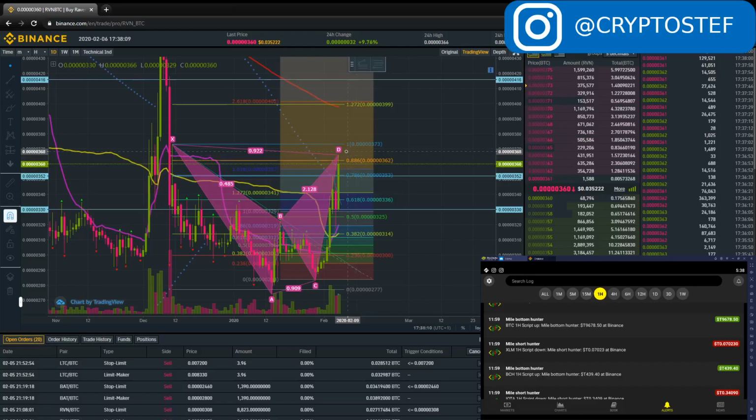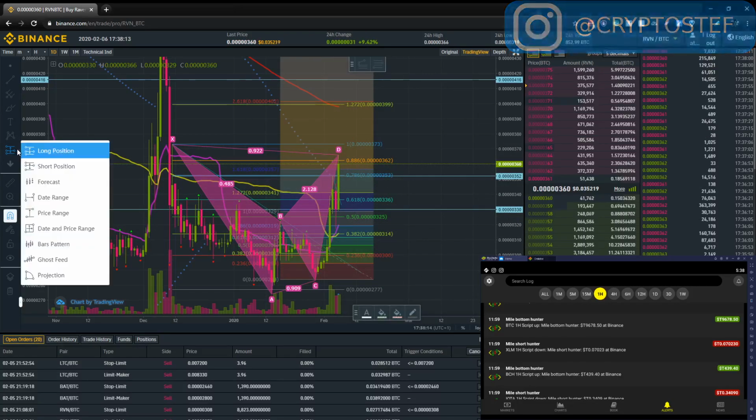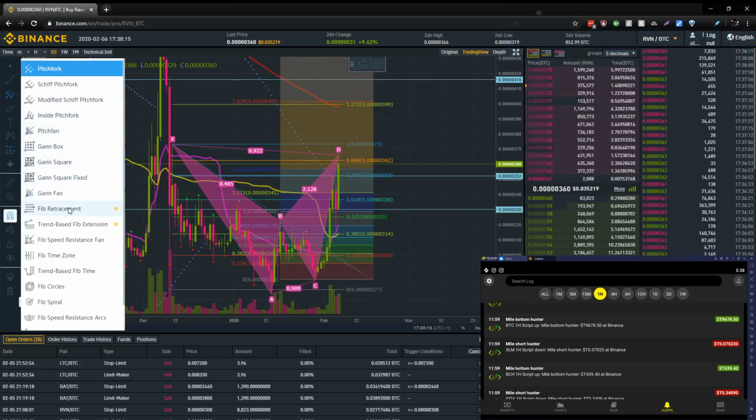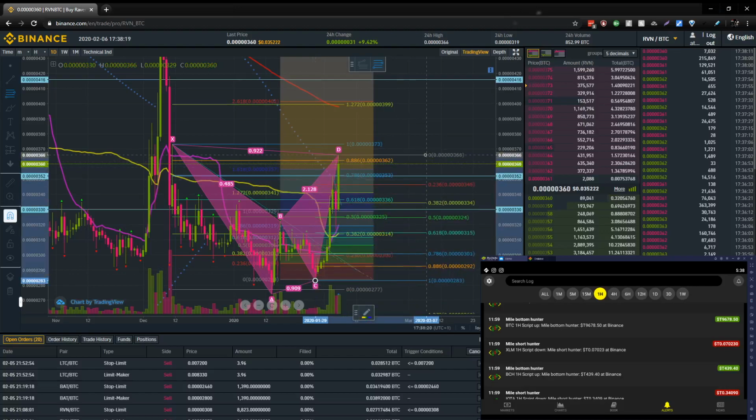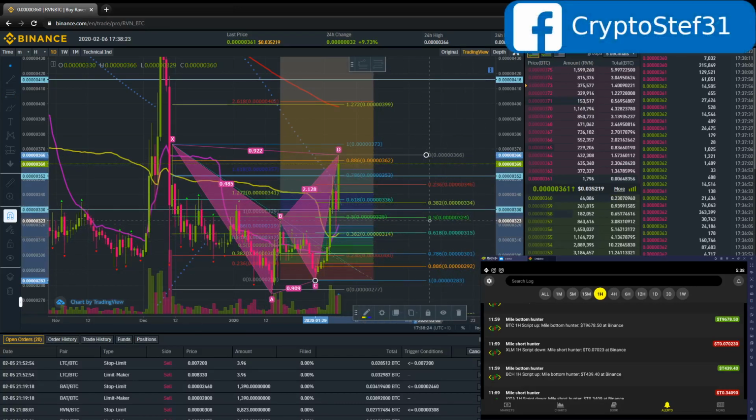The target for this bearish bet is 382 from the C leg. So here you go, here's your target if you want to short this. But I will sell in front of you.